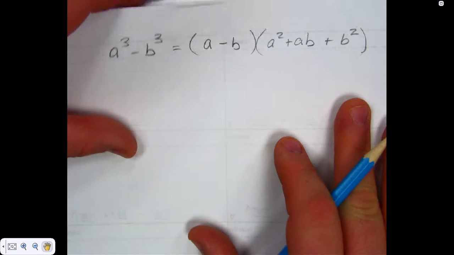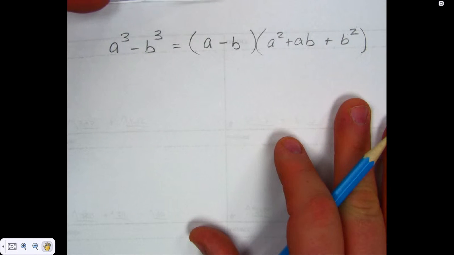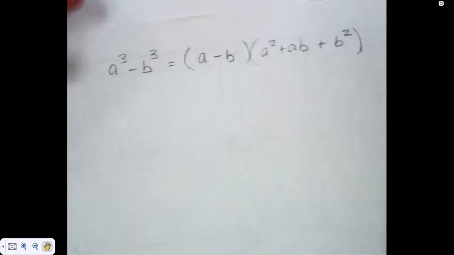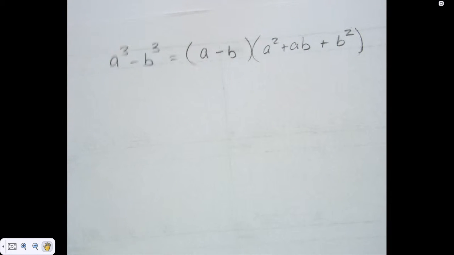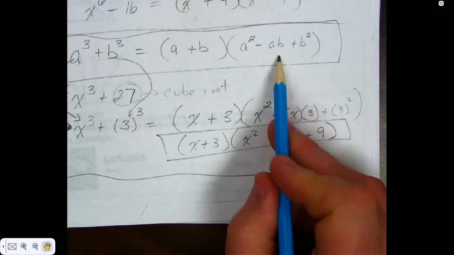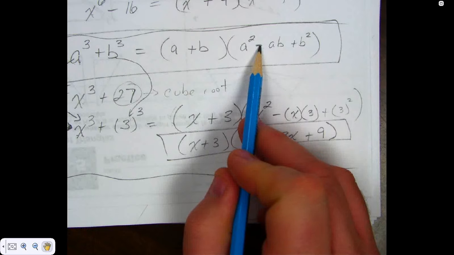Oh, you know where we made a mistake? I am sorry, guys. I glanced up. Let's go back to our previous one. Oh, no, I didn't. I put minus, didn't I? Isn't that weird that the one with the plus has a minus right there?